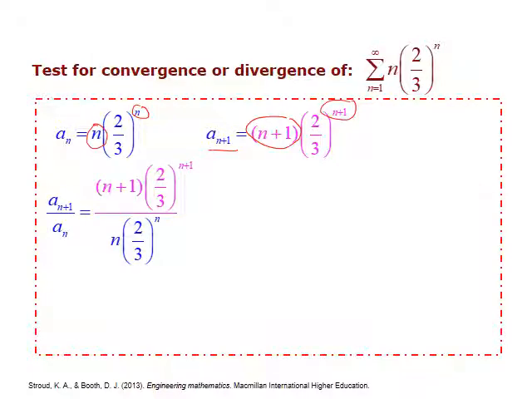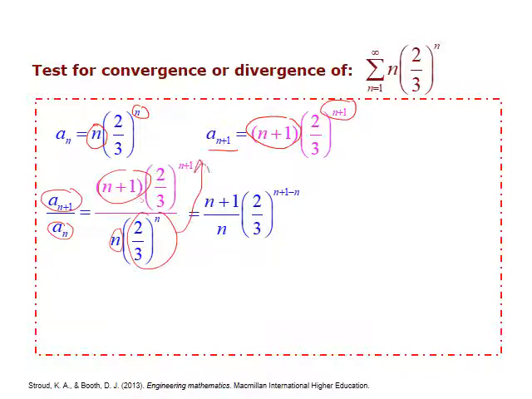I divide a_(n+1) over a_n, and then I start simplifying. You see, n plus 1 over n here, and this one goes over here, so the power will be minus n, as you can see here, minus n. With n, what is left? 2 over 3, in this way.